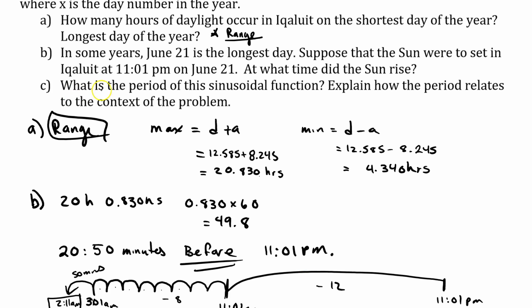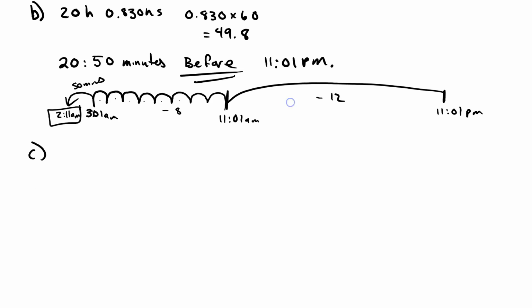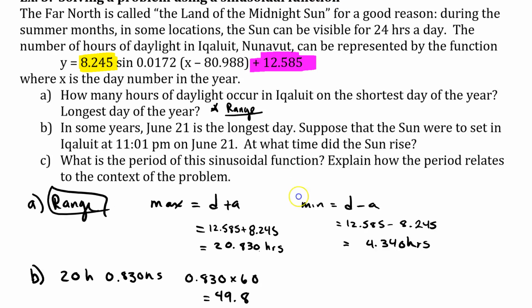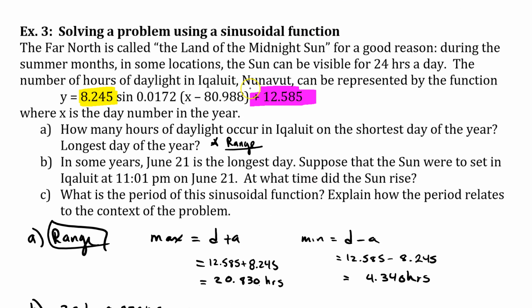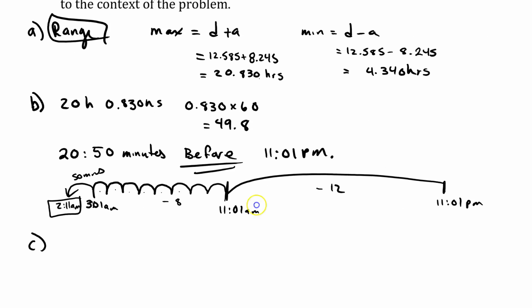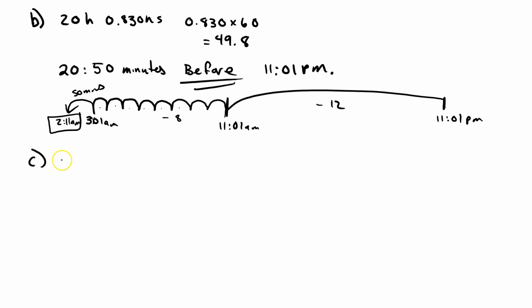The last question is, what is the period of the sinusoidal function? Explain how the period relates to the context of the problem. Now, whenever it doesn't have specific degrees, we want to remember that this is going to be in radians. Unless it explicitly says degrees, we're going to assume radians. So that means that the period equals 2 pi over b.